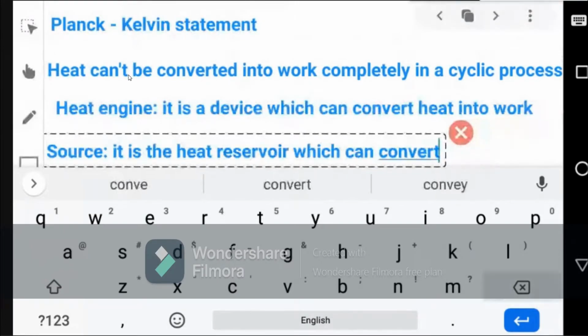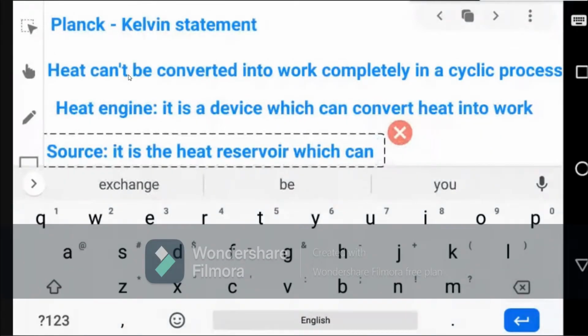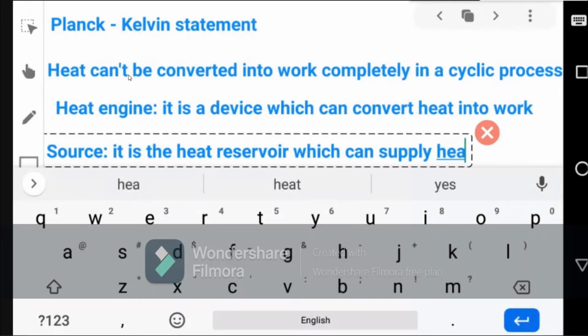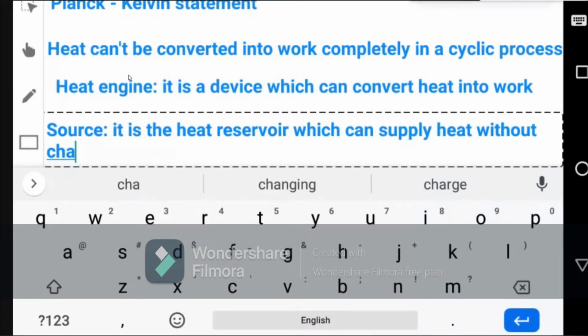It is the heat reservoir which can supply heat without change in its temperature.